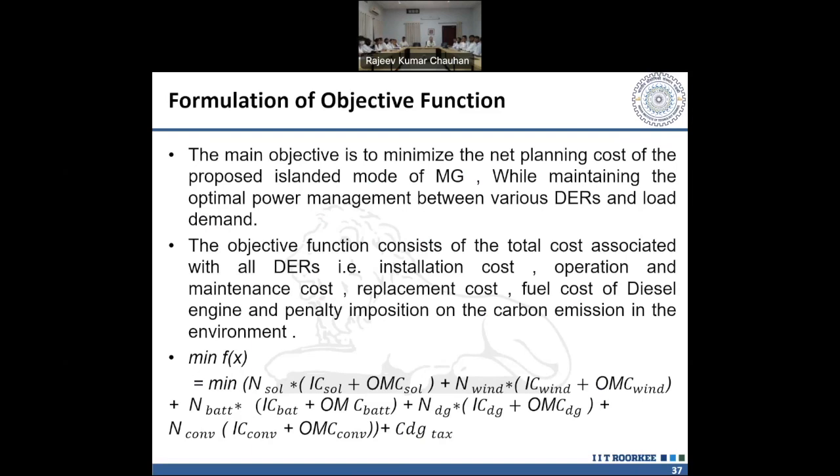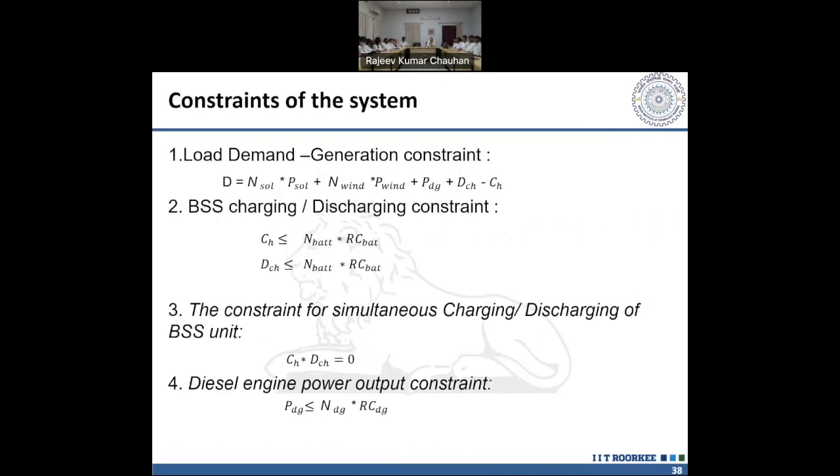For the researcher, this is again a very big problem to solve, and you require a different technique. Once we define this, we have to put in the constraints. Whatever we select, all my resources must first of all fulfill the demand.